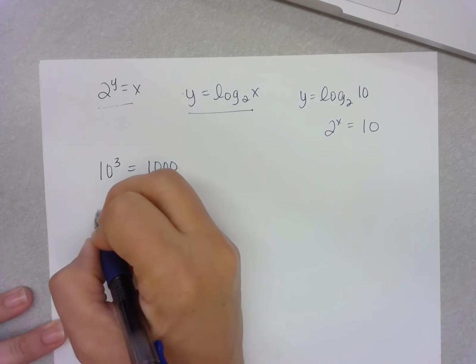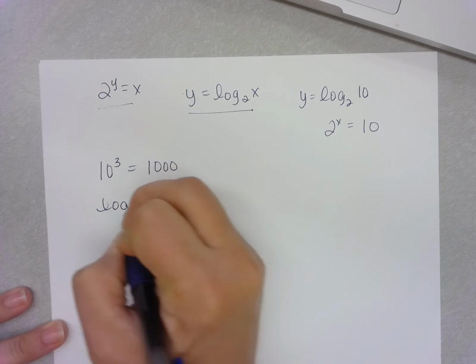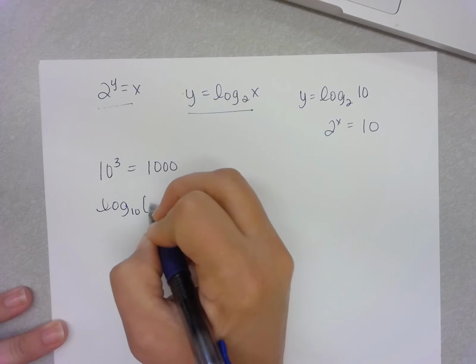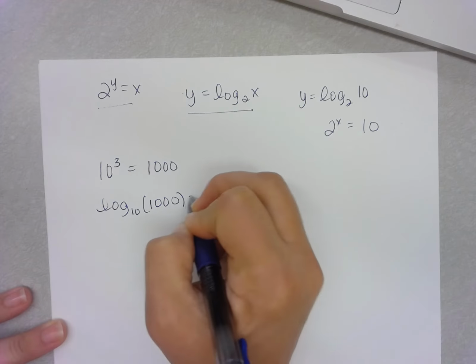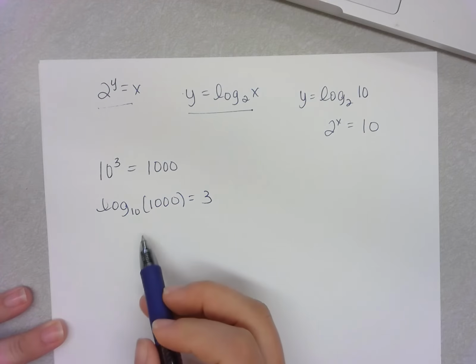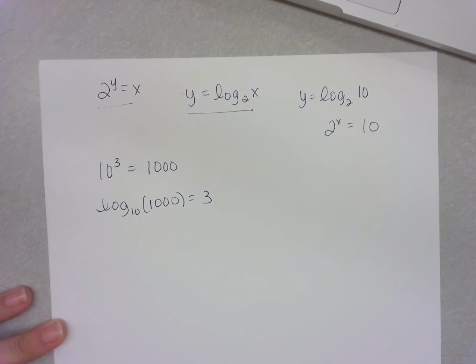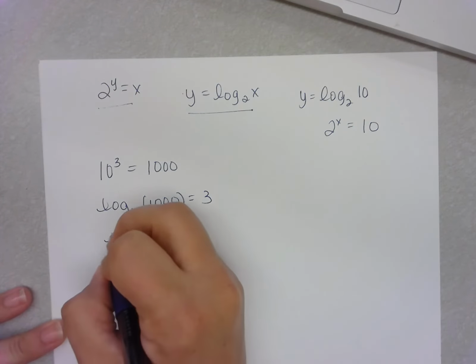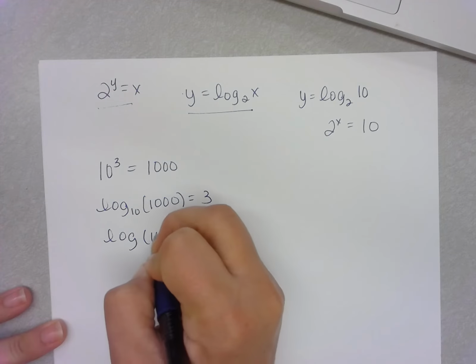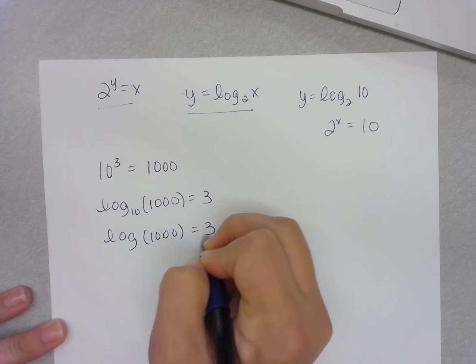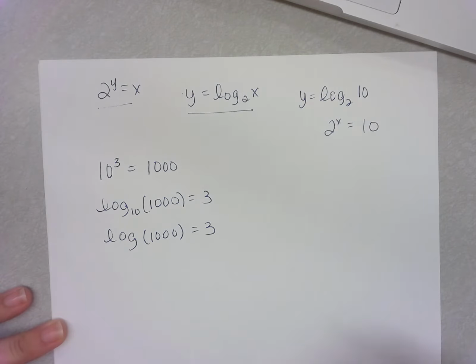The log equation to go with this would be, normally, we would write log base 10 of 1,000 equals 3. Now because 10 in our world is such a common base, when we write just log without a base, that's implying that it is a 10.